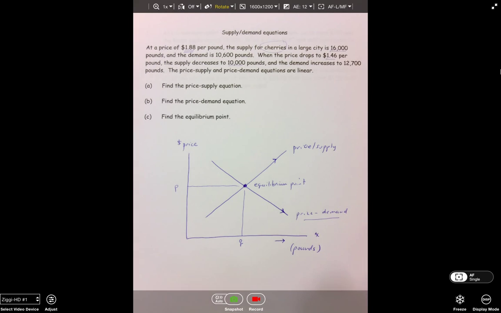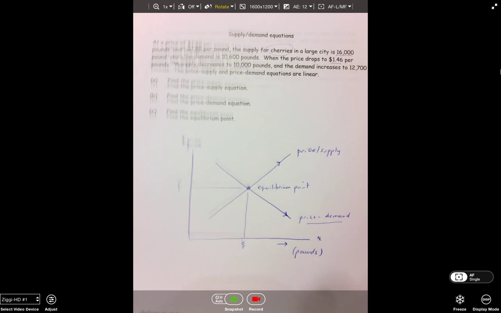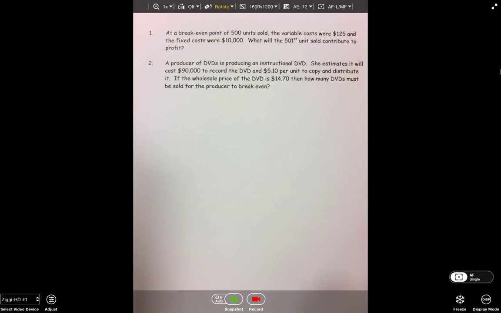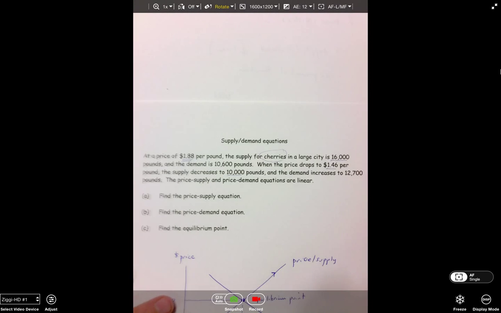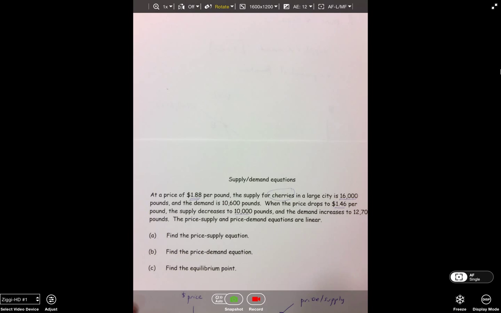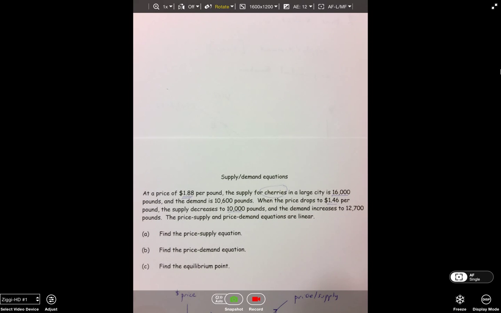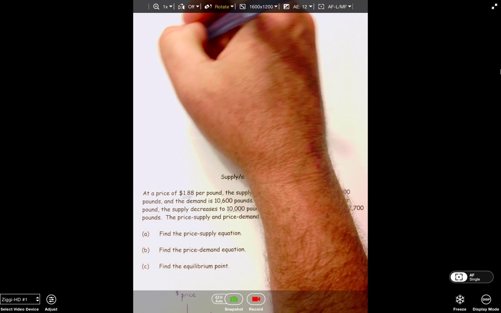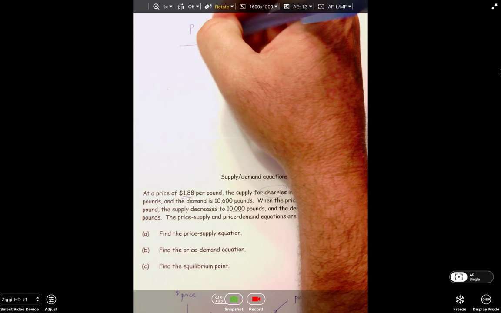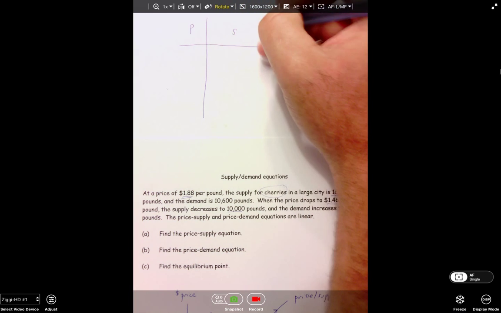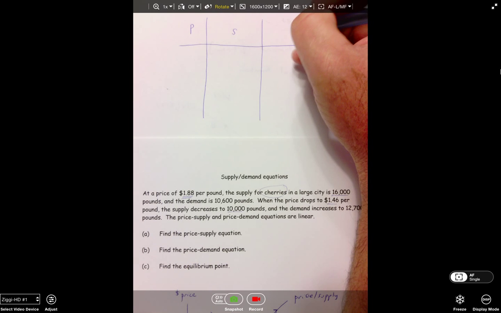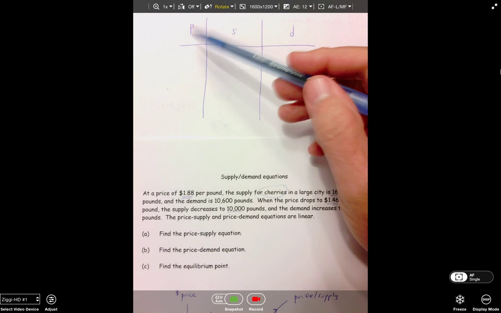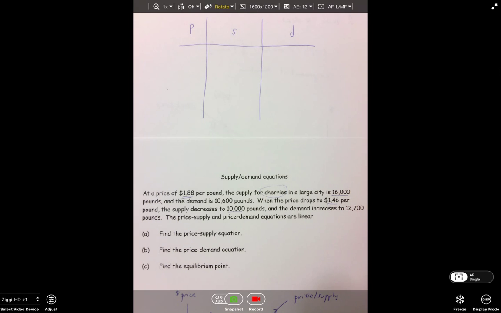What we've got is a couple of things going on here. First and foremost, I'd want to organize my work so I can put this in the calculator. So I'm going to have a particular price, and this is going to be a little bit confusing, because although I'm putting price first, the way we've drawn our graph here, we want price to actually come second.